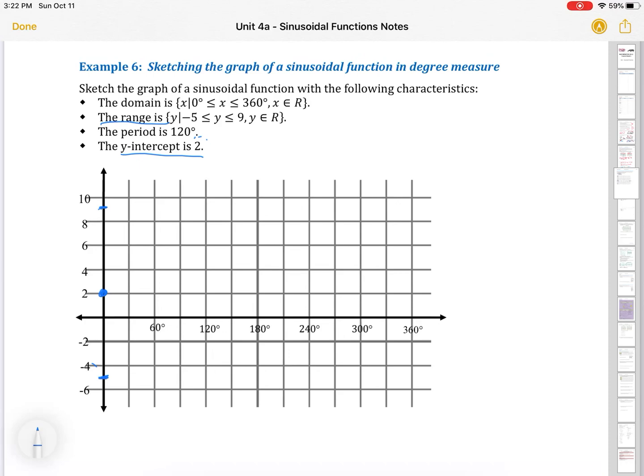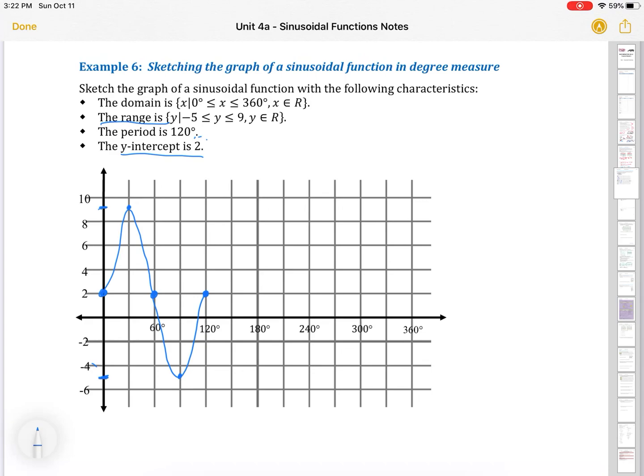Now the period is 120, so that means we're going to see a repetition by the time we hit 120 of that much. So if this is our peak, we're going to go up to our peak and down, and then our minimum is down here, and then we go here.